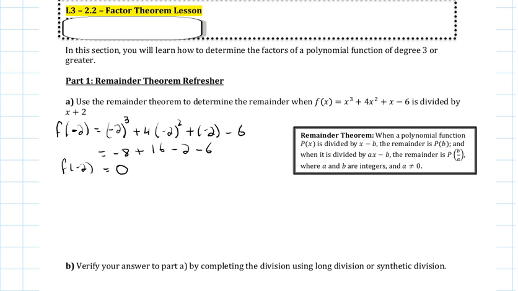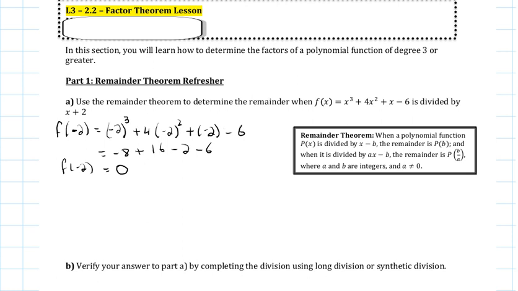You see here that when I plugged in -2 into my f of x, I got a 0. And that means x plus 2 is a factor of x cubed plus 4x squared plus x minus 6, which means that when I divide the f of x by x plus 2, I'm going to get a 0.